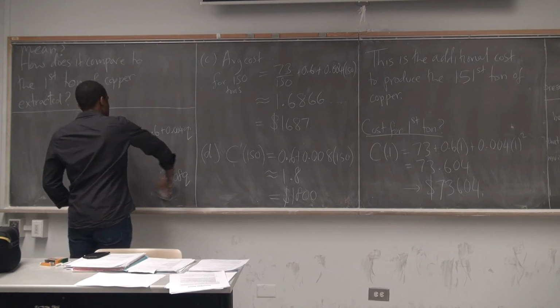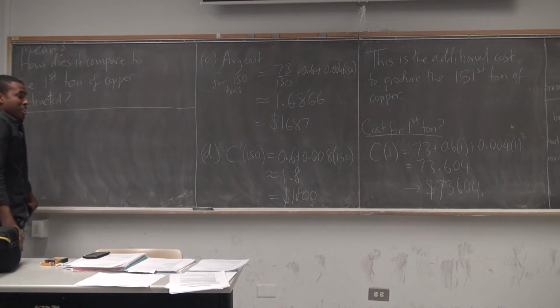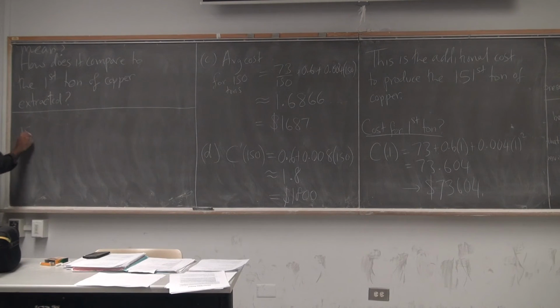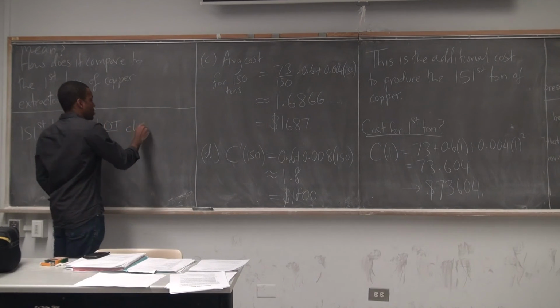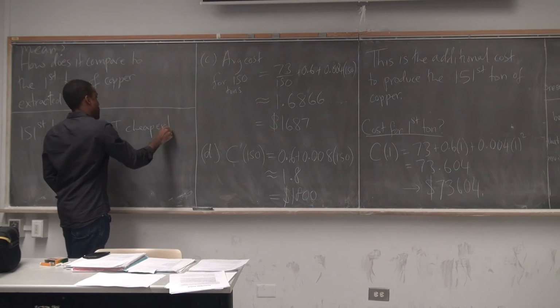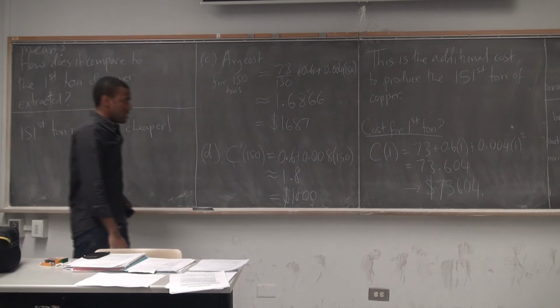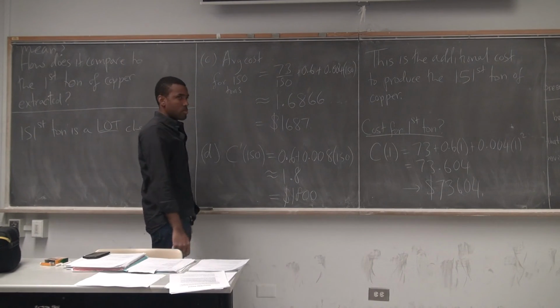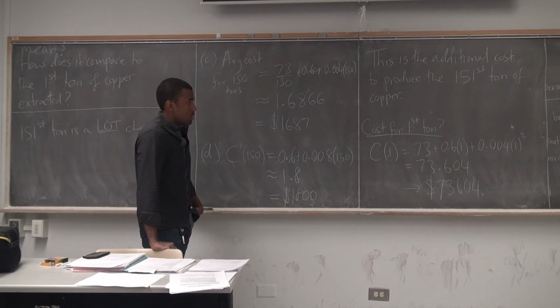So how does it compare? By the time I get to the 151st ton, it's a lot cheaper. Does that make sense? What formula did you use to find the cost for the first one?